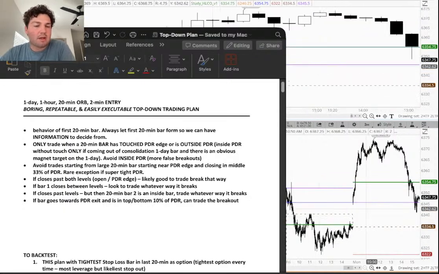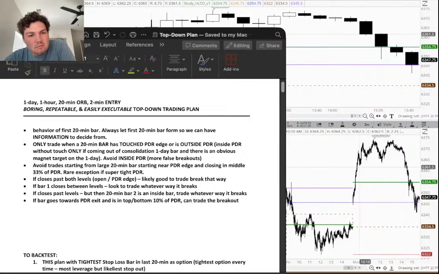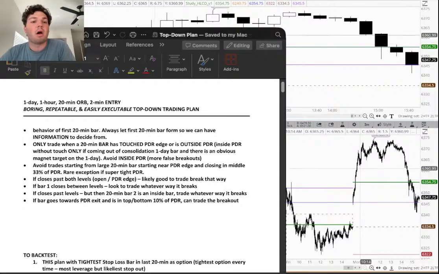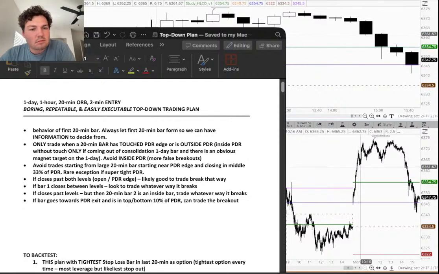You know, maybe it would be a bar the size of the entry candle or something like that. But now that would be too variable. Because really, you know, we could just move the stop loss up here.